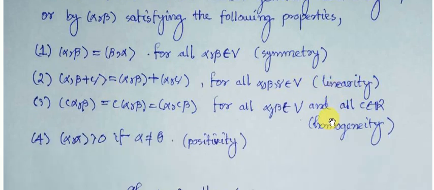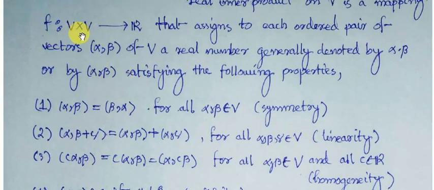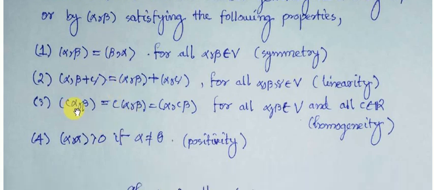The third one is the homogeneity property. Here we have considered a point alpha comma beta from the domain of definition of this function f, and we have multiplied one component by an arbitrary real number c, and consider this point c alpha comma beta, and we have also considered a point alpha comma c beta. Here we have multiplied this arbitrary real constant c with the vector beta, the second component of alpha beta.